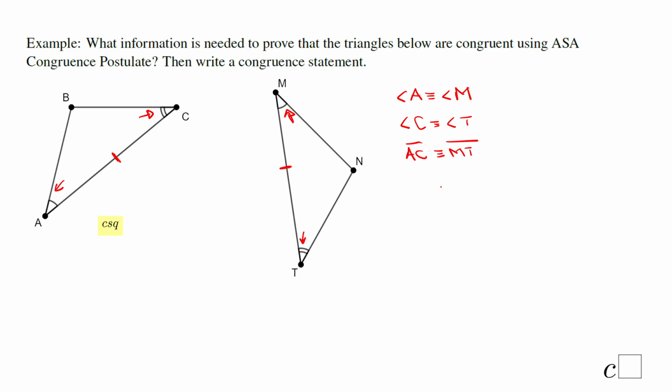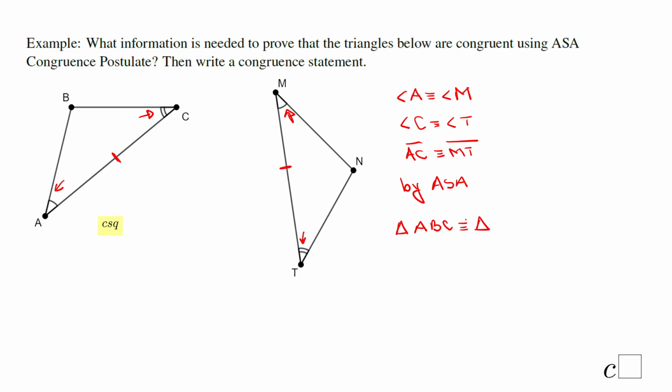Then by angle side angle, we say triangle ABC. Let's say we start with ABC congruent with, and now you want to be sure on the second part of the congruence statement, you write the corresponding letters.